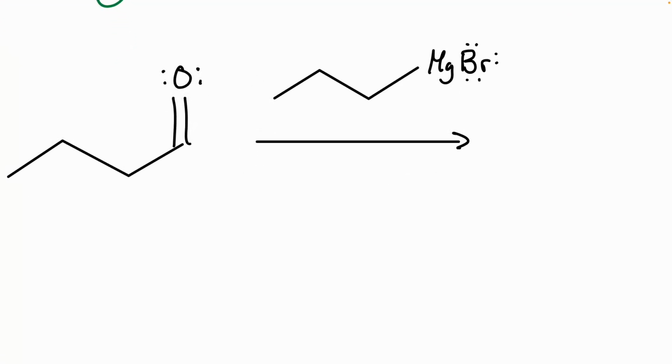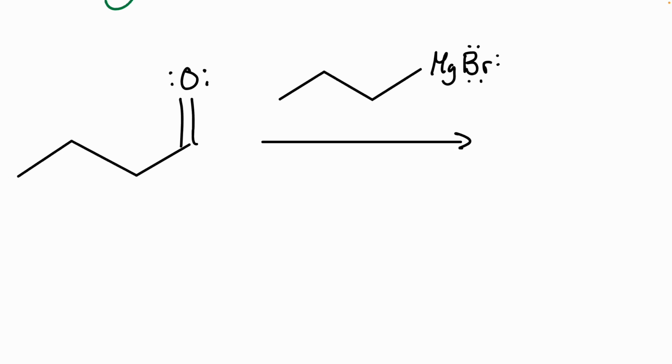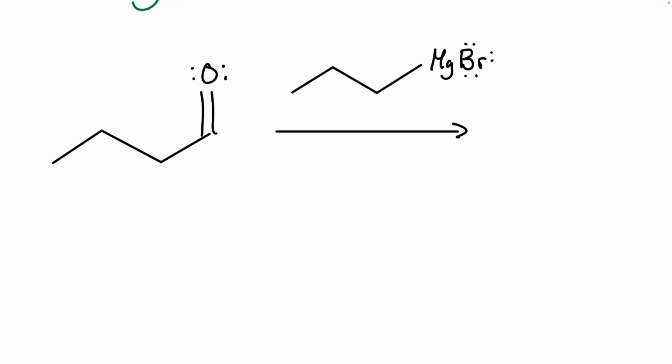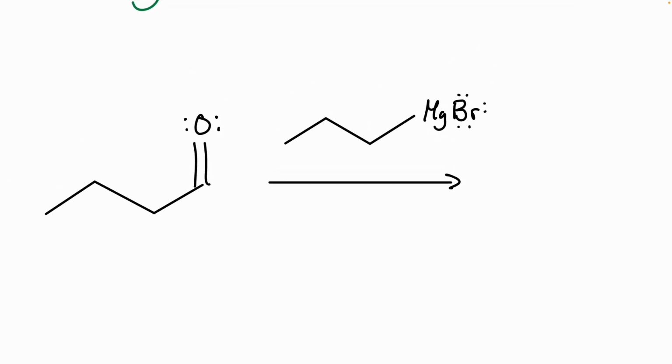The whole shtick of these was that a Grignard reagent is a good carbon nucleophile. Specifically, that carbon bound to that metal has a ton of electron density. And so this is going to be our nucleophile in our reaction.